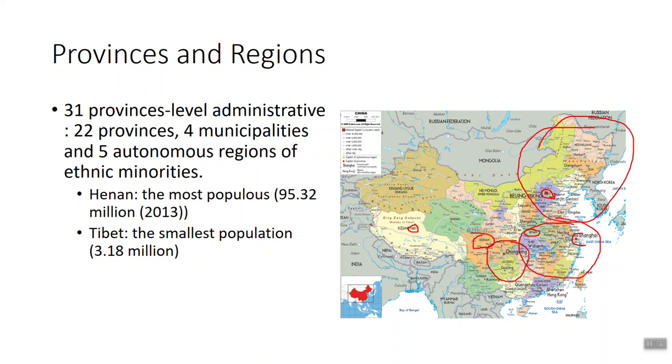In this area, Chongqing was separated out from Sichuan province in 1997. But Chongqing municipality and Sichuan province together had a population of 118 million in 2004.